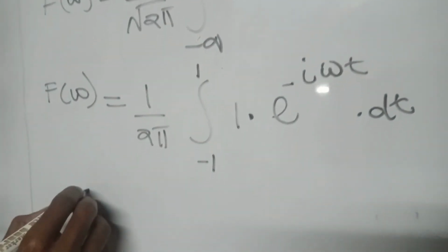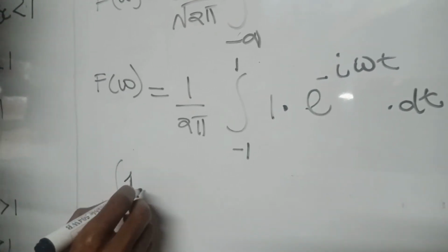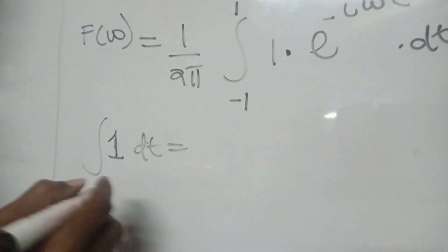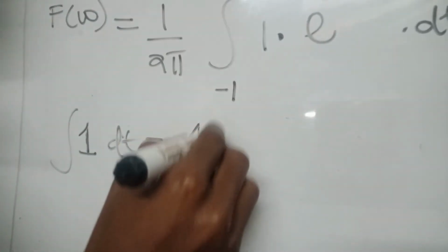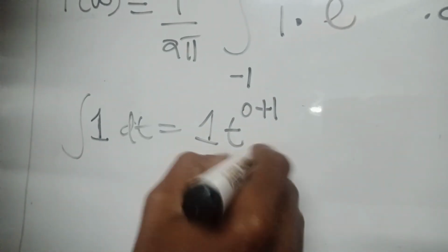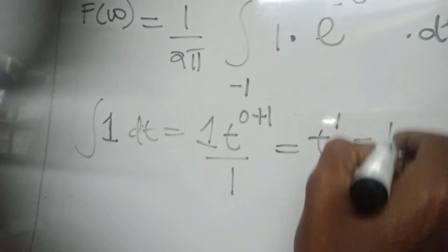When we integrate 1 with respect to t, you get t to the power 1 over 1, which is equal to t.